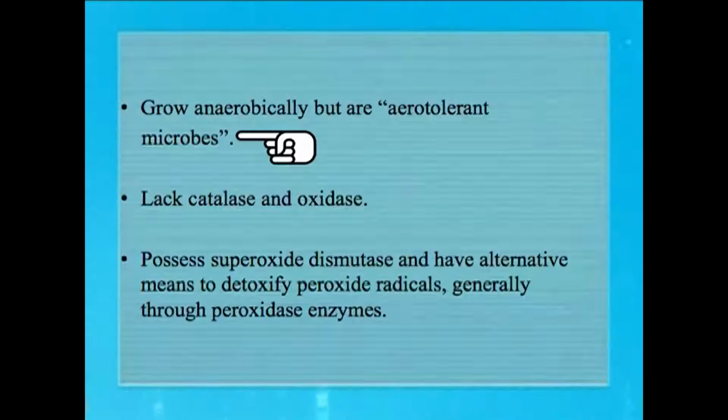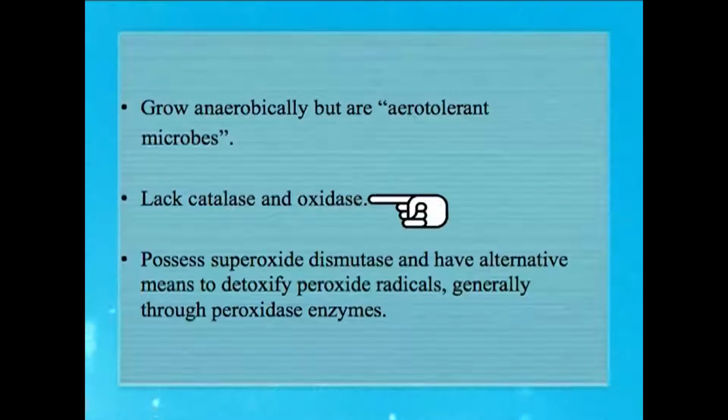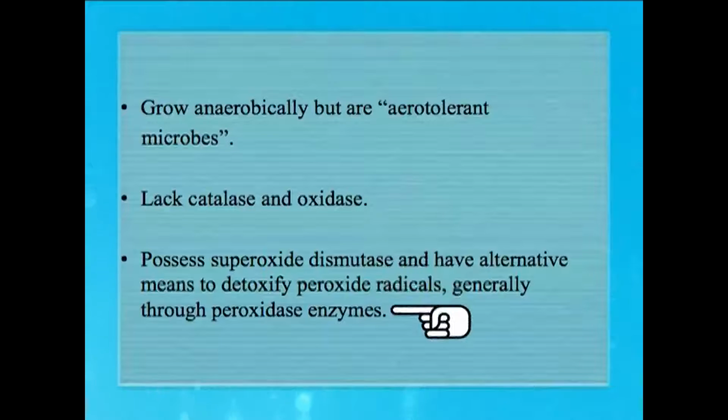Now, this tolerance of oxygen is not because of the presence of catalase and oxidase, because they lack the enzymes catalase and oxidase. Rather, they show presence of another enzyme called superoxide dismutase, and they have other alternative means by which they can detoxify the peroxide radicals or the superoxide radicals.